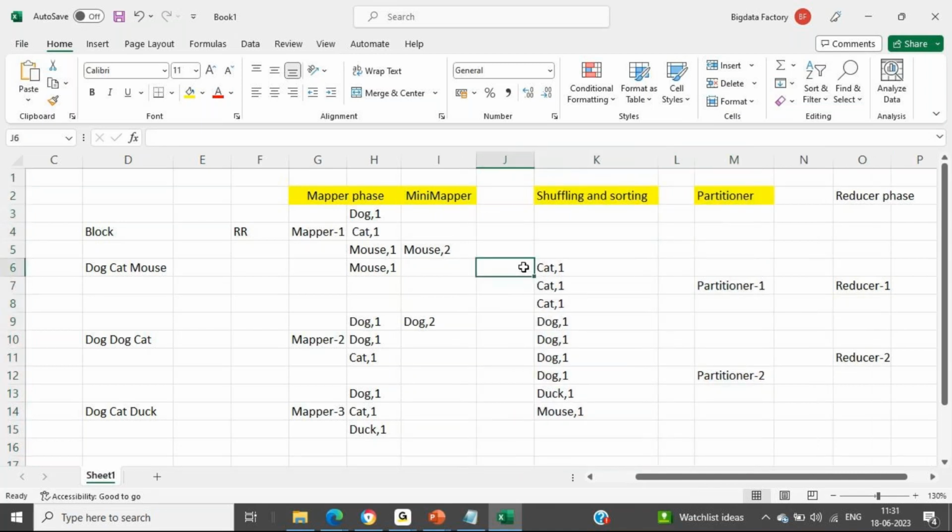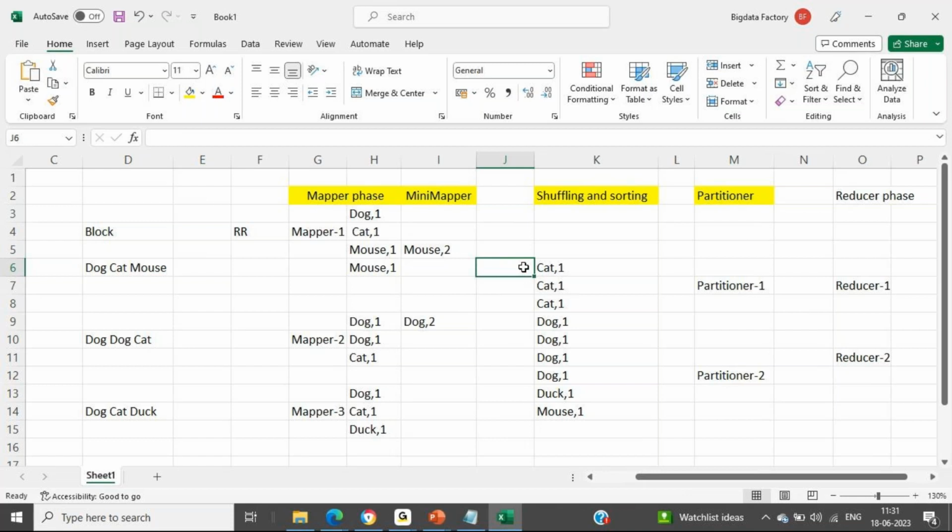Tell me. I think if mapper one is giving the output mouse one, and the Minimapper will do the same job as the reducer, mouse two will be shown. But in mapper one, dog one and cat one are also there, and mapper two is also having dog one, so it will give dog one two times directly, and again dog one in mapper three, and the shuffling, sorting and reducing process will not be done in this case.